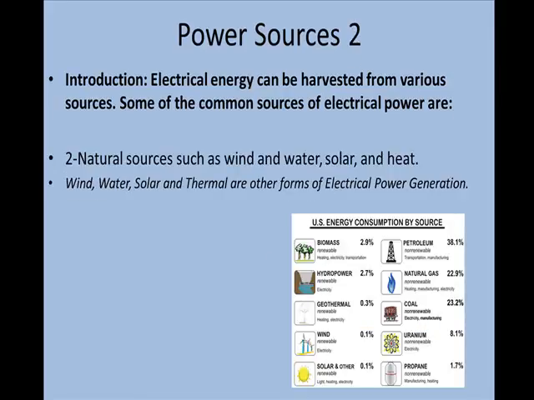Now we also have natural sources such as wind, water, solar, and heat. Notice that the U.S. energy consumption chart deals not just with the sources that we're mentioning here, but there are other sources. But in our case, we're limiting ourselves to studying electrical sources, and that's the reason why we have solar, wind, geothermal even, which is another form of creating energy from the earth or the ground.